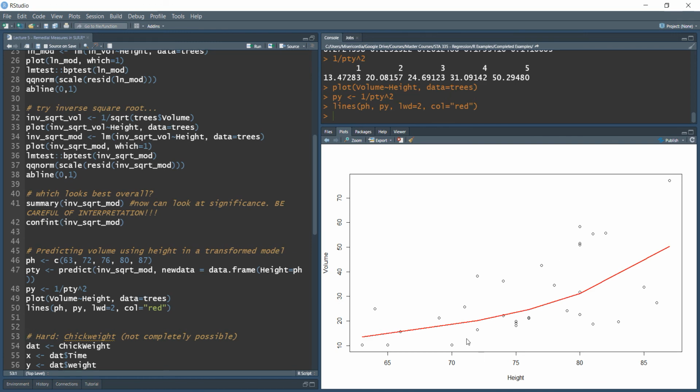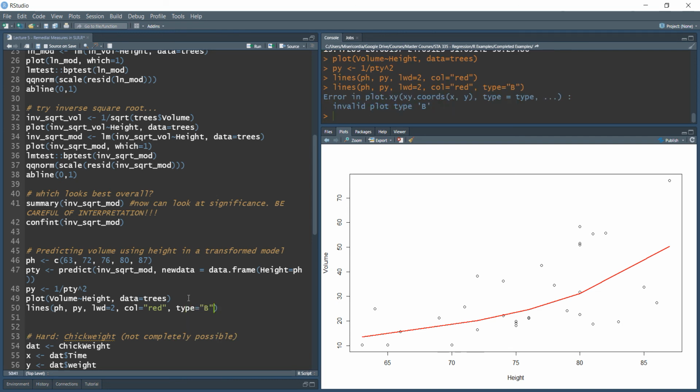And I see that this does look like reasonable predicted values for Y. And actually I'll make the type equal to, nope, lowercase b, so that it has little dots on it at those specific predicted values. So these are the specific predicted values that I'm drawing this out for.